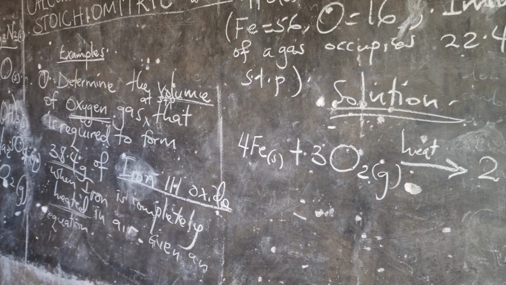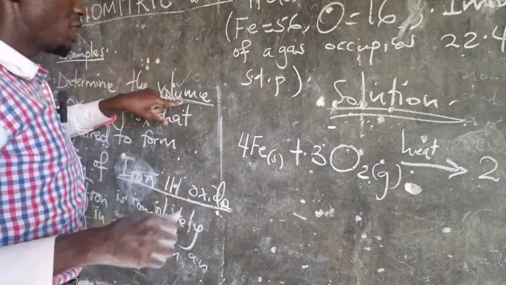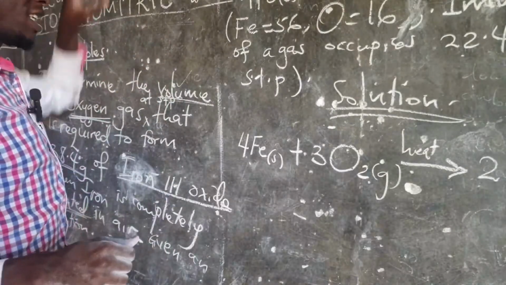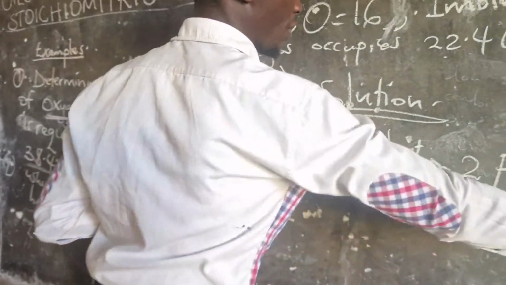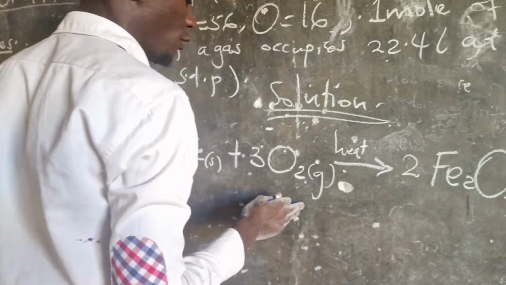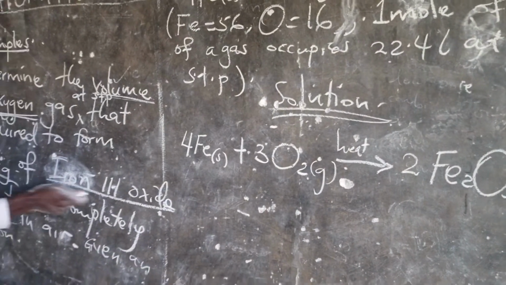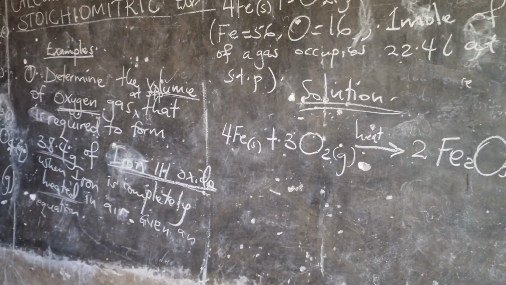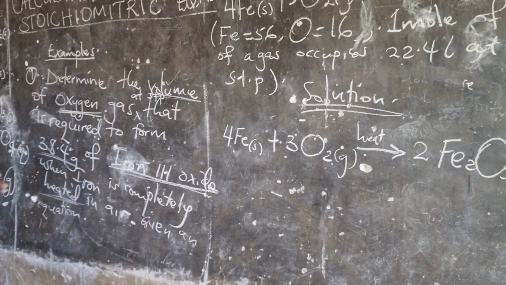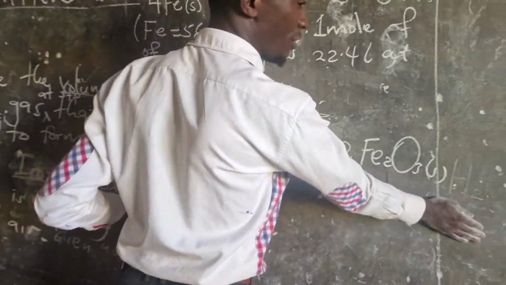If we are asked to calculate the volume, this means that the volume they are asking for will be on the right hand side, and what we have will be on our left hand side. So we have the mass of the product on the left hand side and then oxygen on the other side.